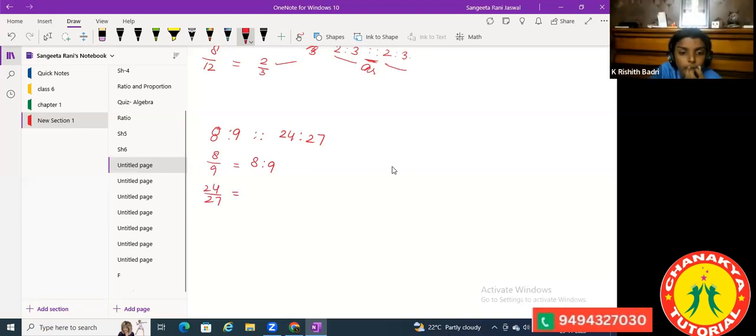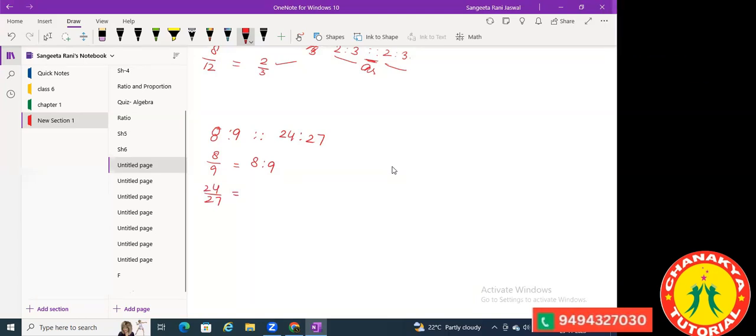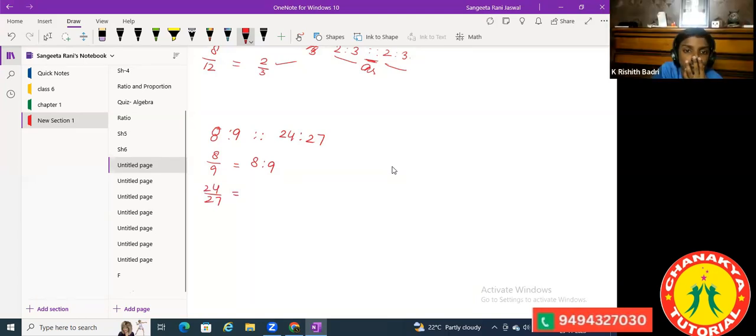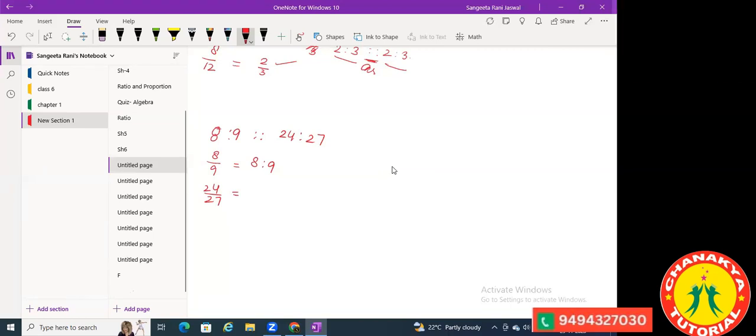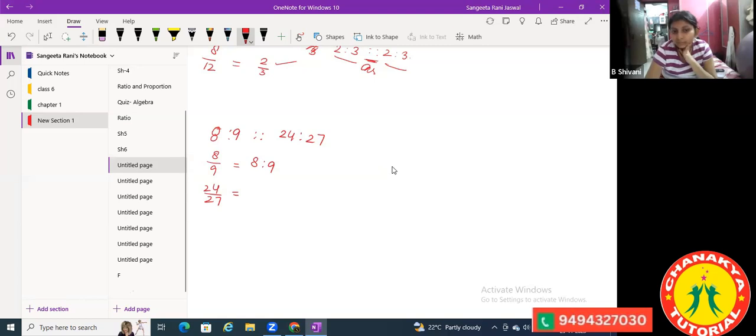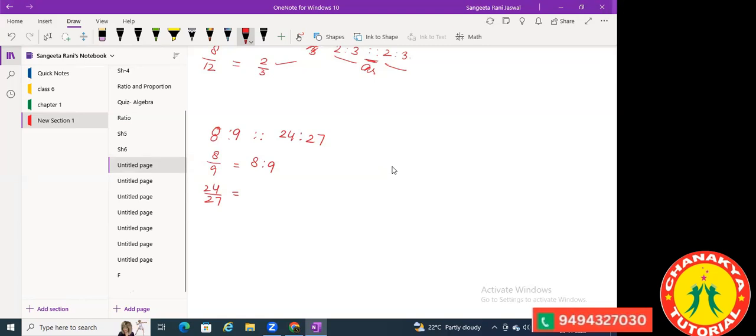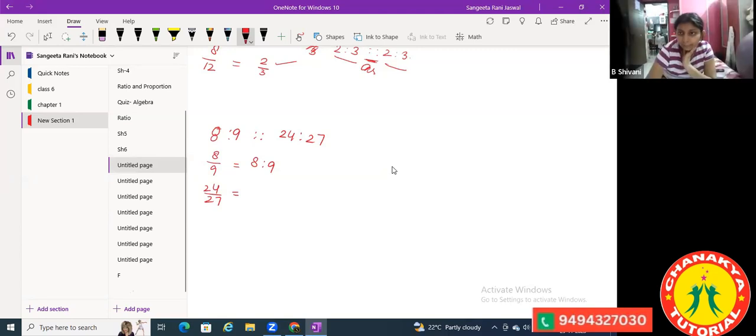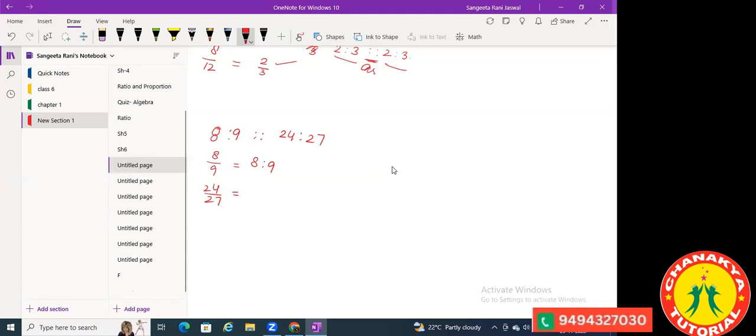Let's divide by 3. Okay, Shivani, tell the answer. What do you get as the lowest form? You will divide this number by 3, no?